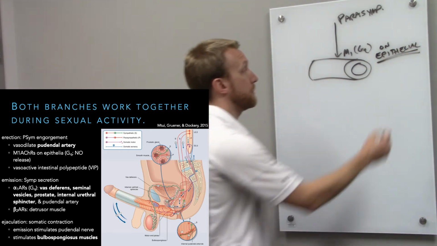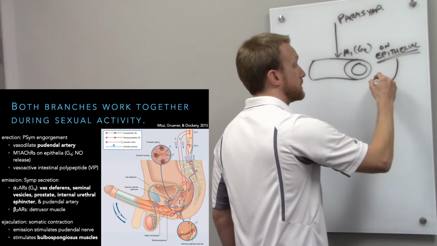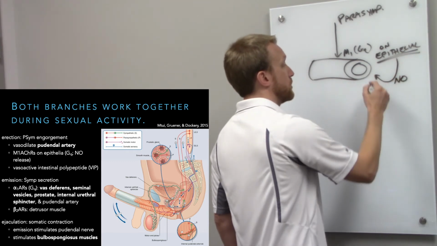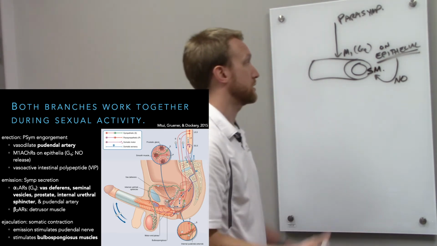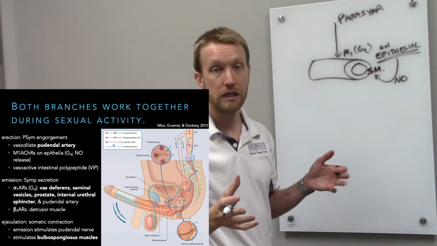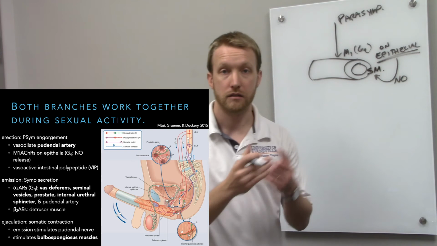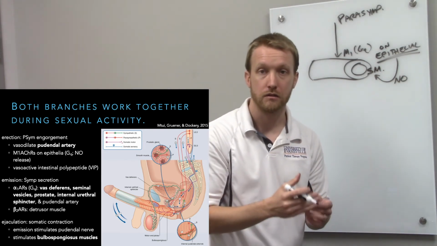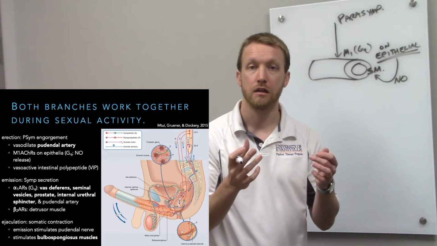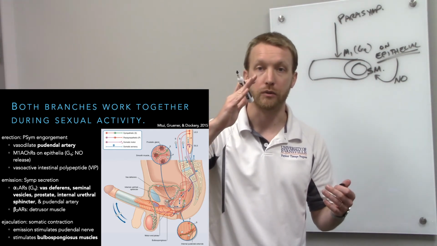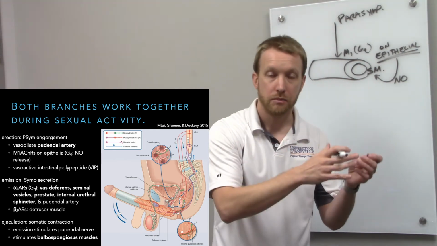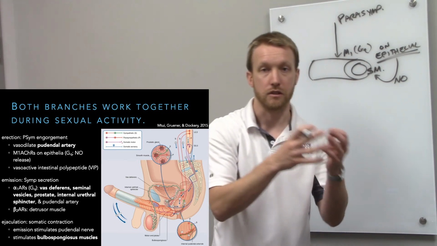That stimulates the epithelia to release nitric oxide, which causes the smooth muscle to relax. Thus we get vasodilation. So parasympathetic input doesn't act on the smooth muscle, it acts on the epithelium. The epithelium releases nitric oxide, smooth muscle relaxes, we get an increase in blood flow, and now we're off to the races. So the parasympathetic input drives engorgement.